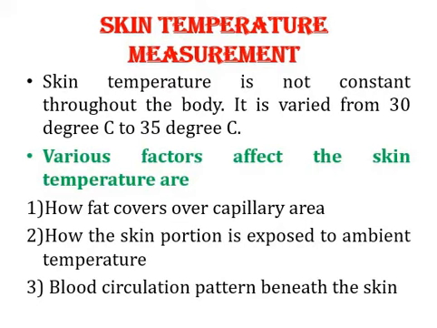So what are the factors? First one, fat cover. There will be fat beneath the skin, and that fat cover acts as an obstacle to temperature transfer. Next one is ambient temperature.